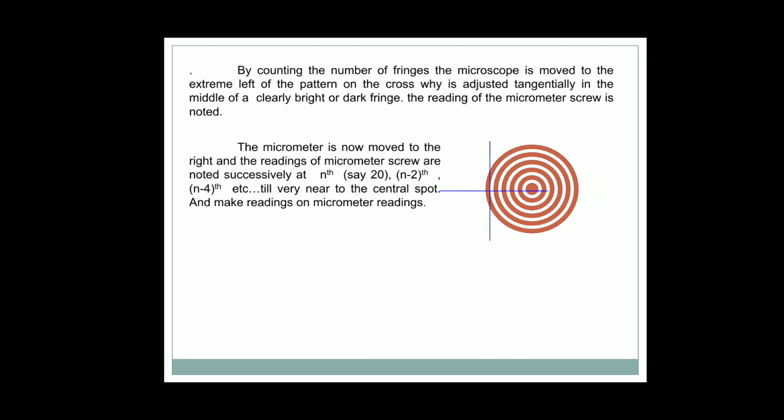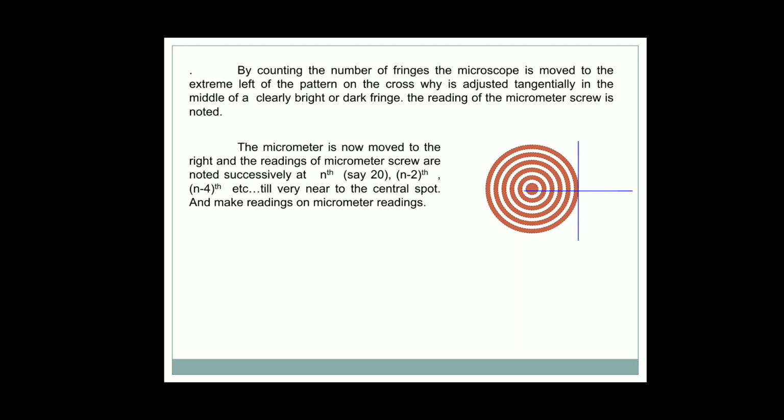Now we have to measure the micrometer reading of the nth dark ring, and thereafter n minus 2, n minus 4, that is the 18th dark ring, the 16th dark ring, the 14th dark ring, the 12th dark ring, etc. We have to take micrometer readings.